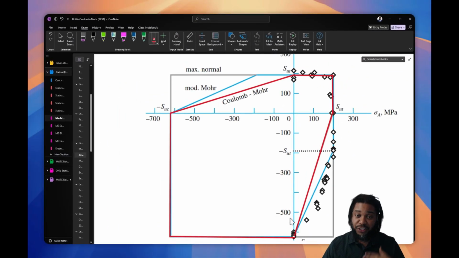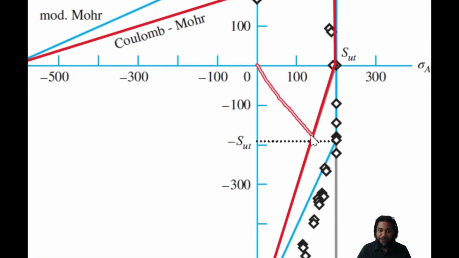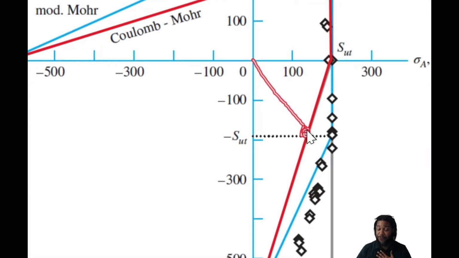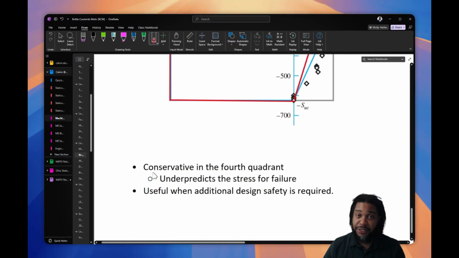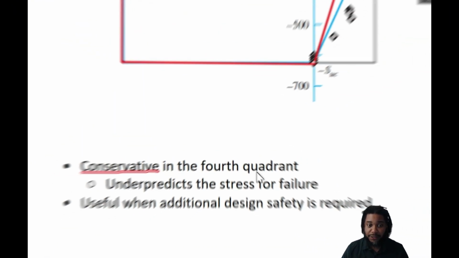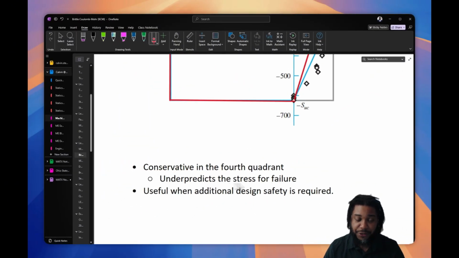Conservative meaning it predicts failure sooner than it would actually occur in real life, right? So it's kind of defining an envelope of stress as, oh, we think it's going to fail, but in reality, there's a little bit more stress that our structure could support. So this theory, Brittle Coulomb-Mohr, is conservative in the fourth quadrant, so it underpredicts the stress at failure.